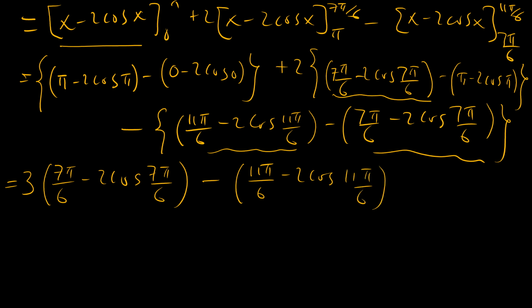Okay, and then the next part is this and this. Because we have 1 minus 2, we're left with minus 1 times pi minus 2 cosine of pi. So we've dealt with this and that.